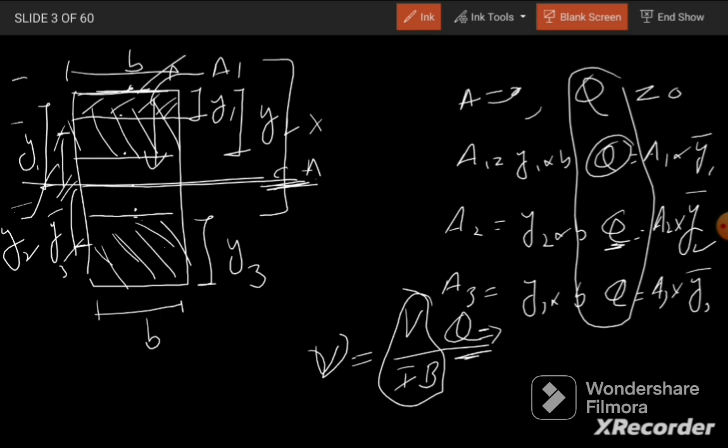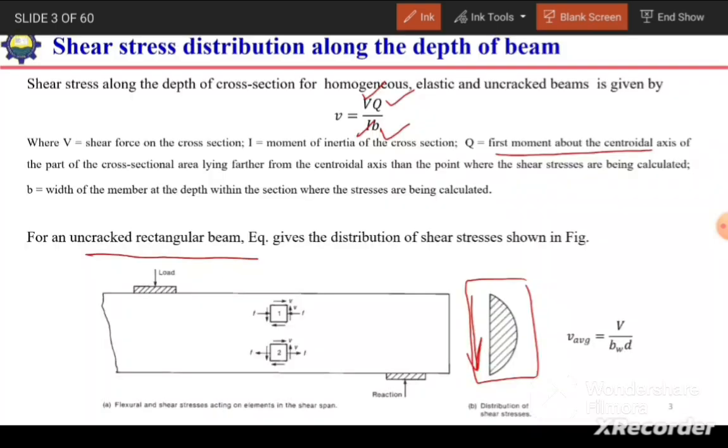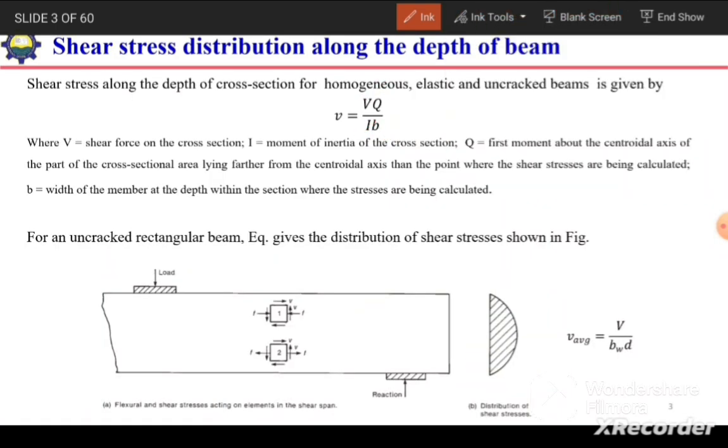As a result, we have the minimum shear stress at the extreme fiber and the maximum at the centroidal axis, from top to centroidal axis, and similarly from bottom to centroidal axis we have the same distribution. That's why we have this type of distribution: 0 at the extreme fiber, maximum at the centroidal axis, and again 0 at the bottom extreme fiber.